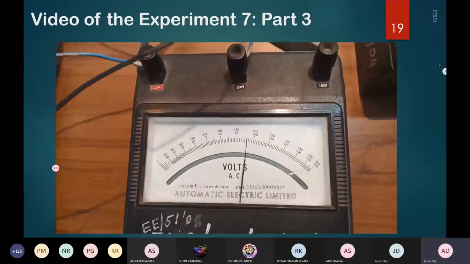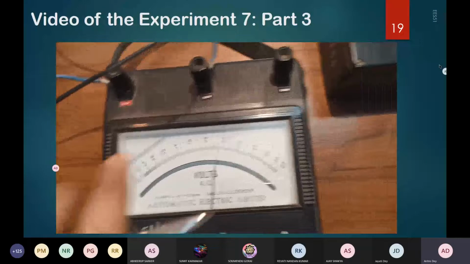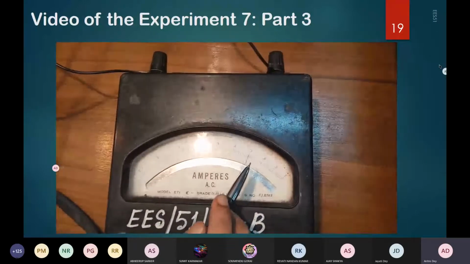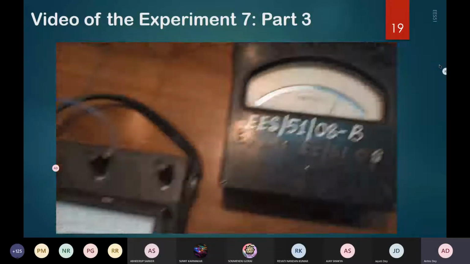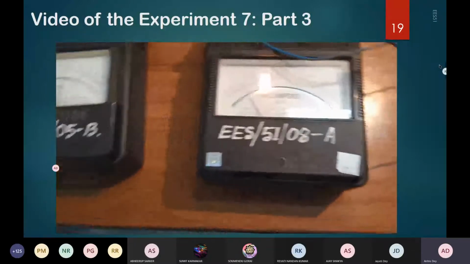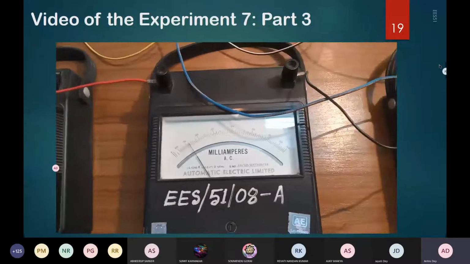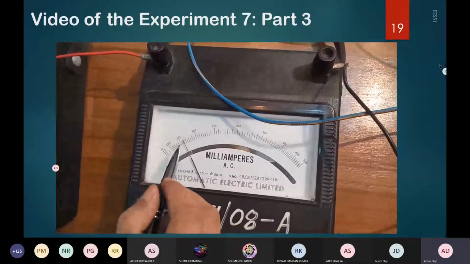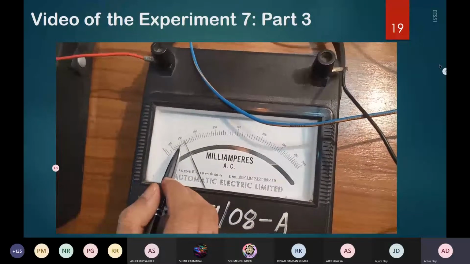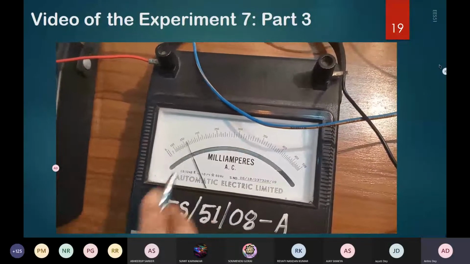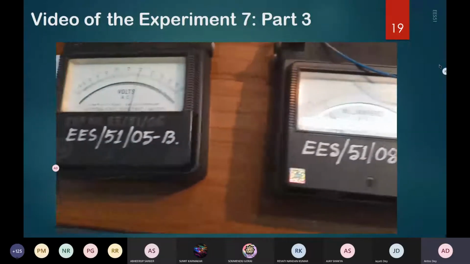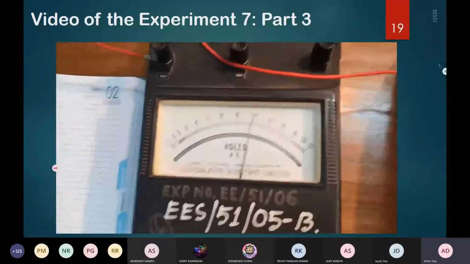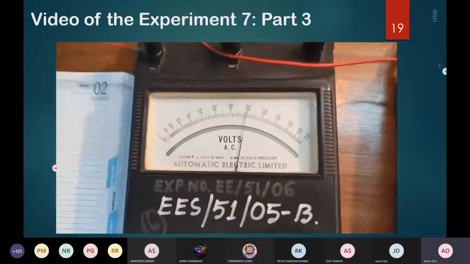We only have to note down the reading of the ammeter. So for the tungsten it is a little less than 0.7, so let us take 0.69, and for the carbon it is a little less than 165, so around 163 we can take.